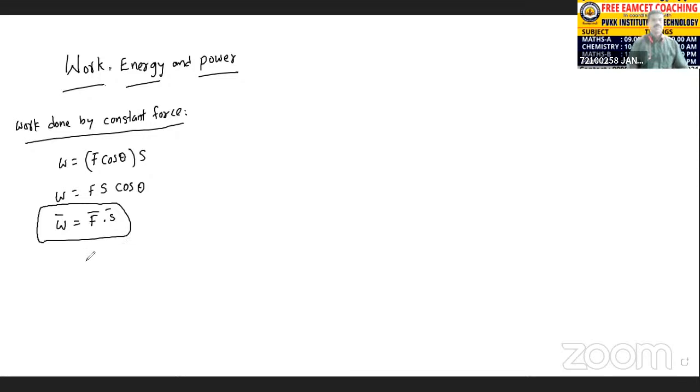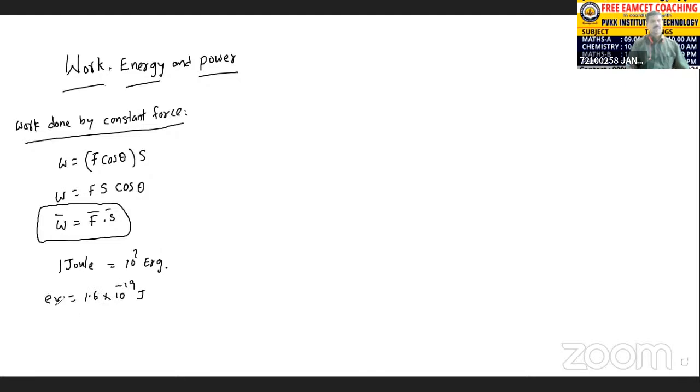We know that the unit of work done is joules. 1 joule is equal to 10 to the power of 7 erg. 1 electron volt, 1 eV is equal to 1.6 into 10 to the power of minus 19 joules.